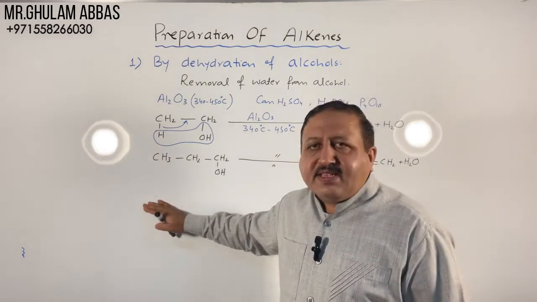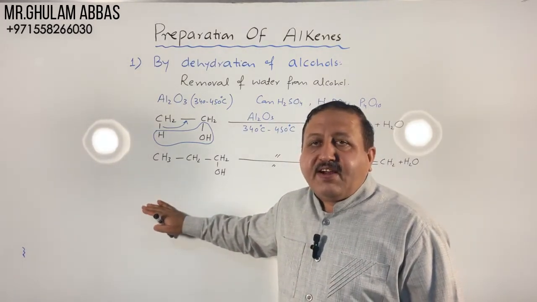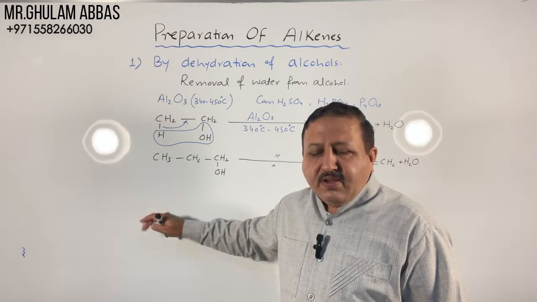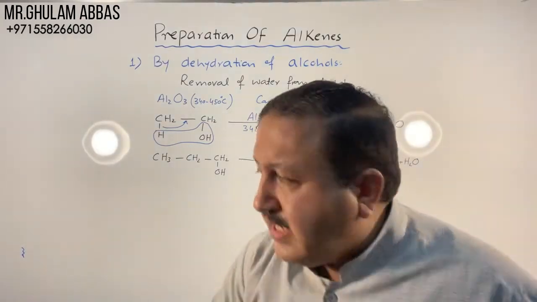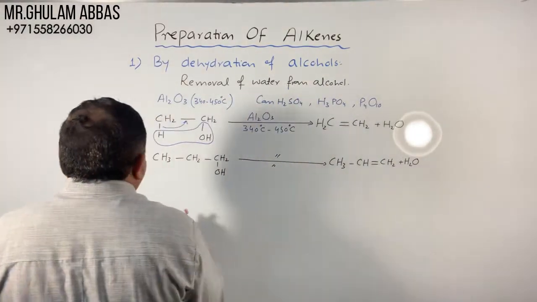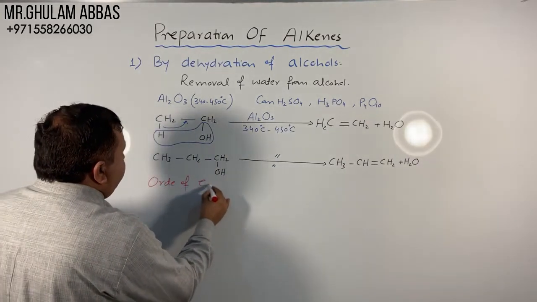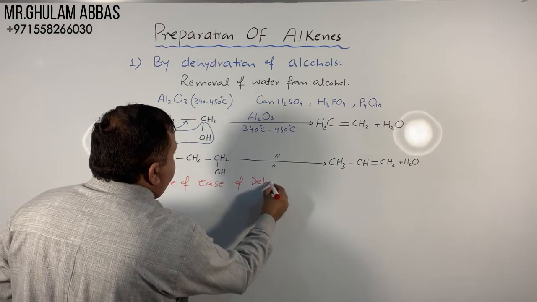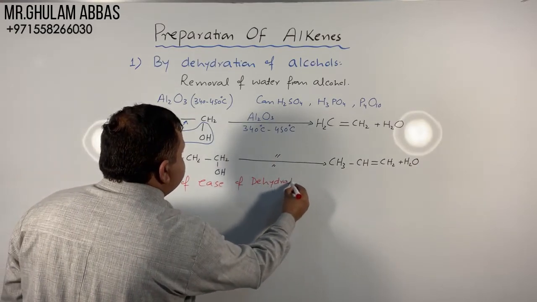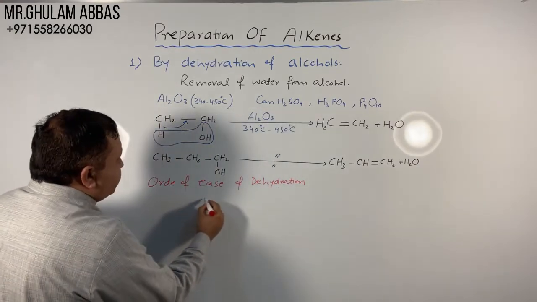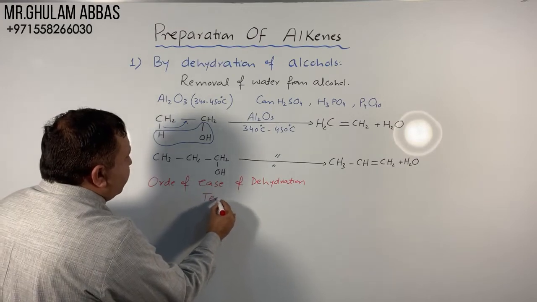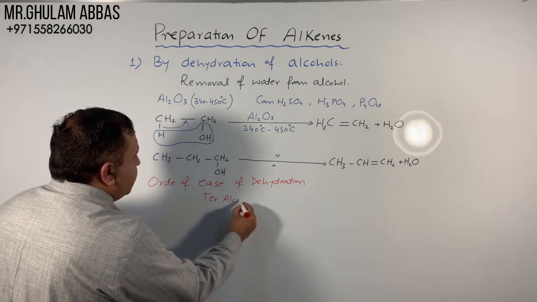The very important concept is, what is the ease of dehydration of alcohol? The order of ease of dehydration is, it is very easy to remove water from tertiary alcohol.